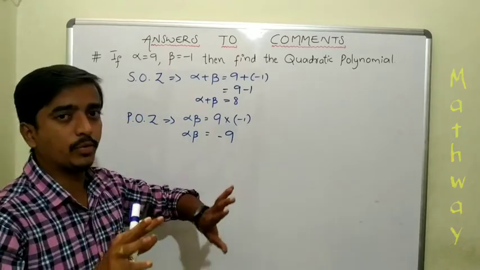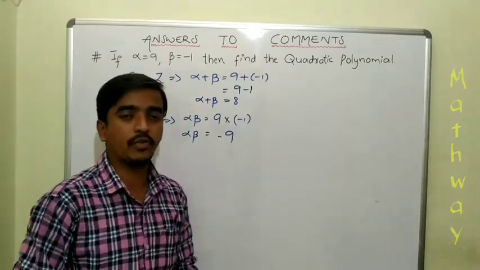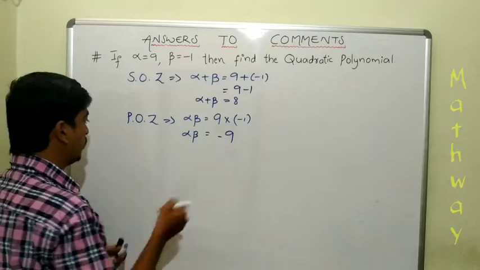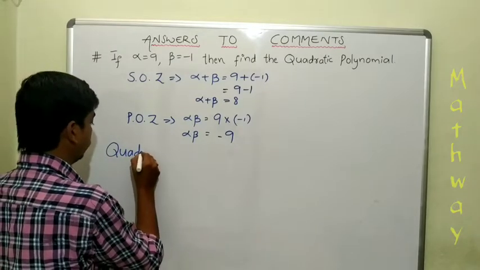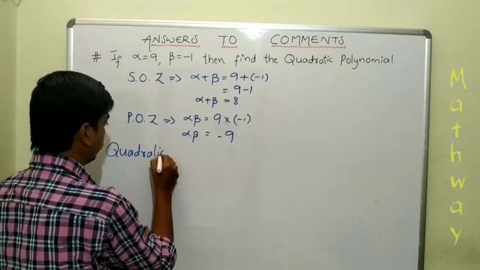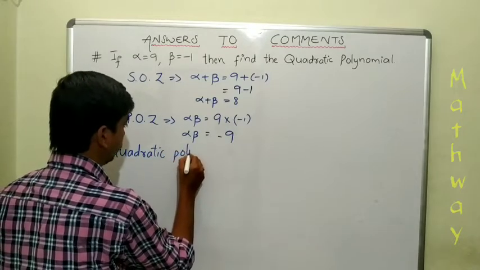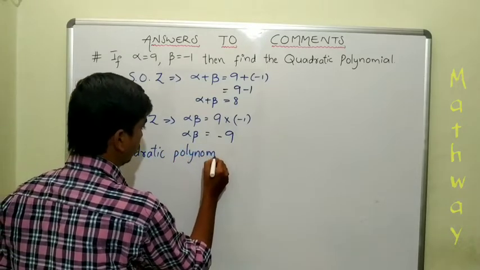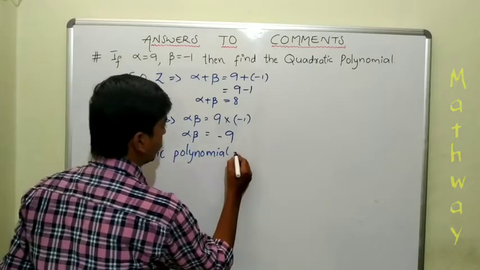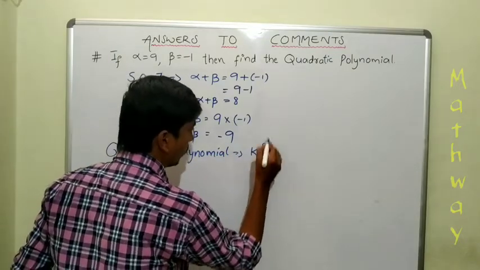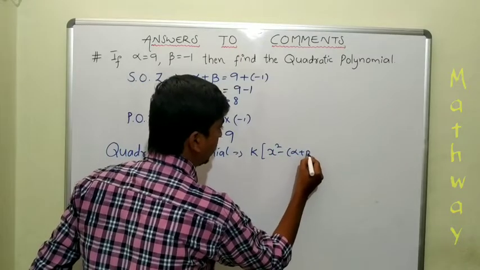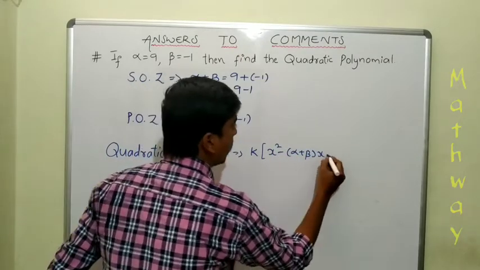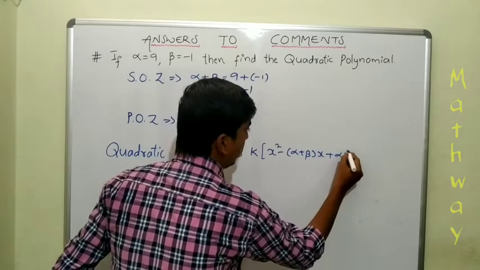So, to find the quadratic polynomial, we can use this form: k of x square minus alpha plus beta into x plus alpha beta.